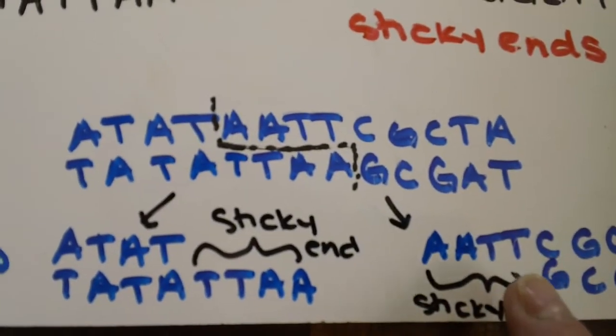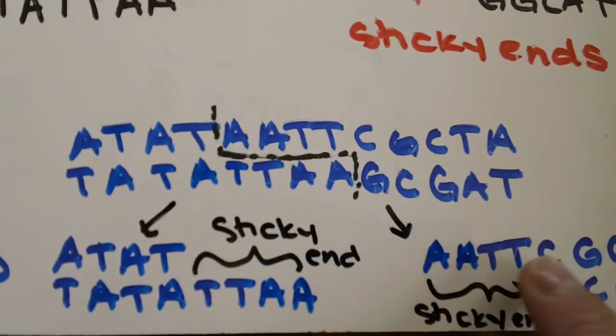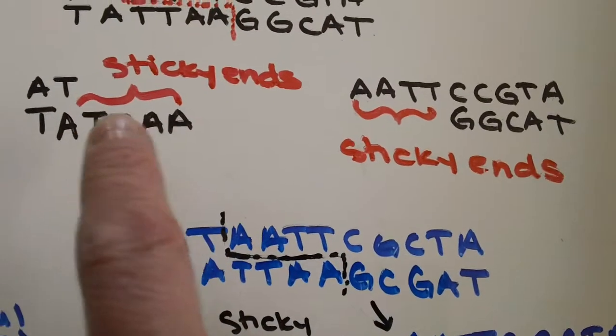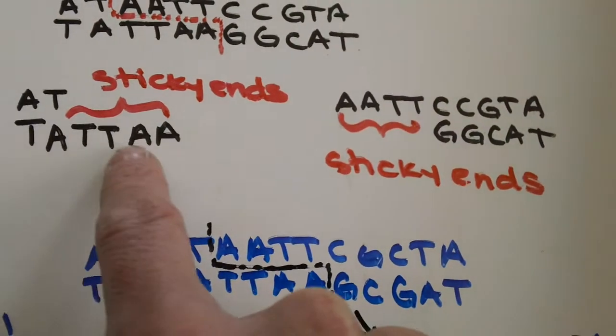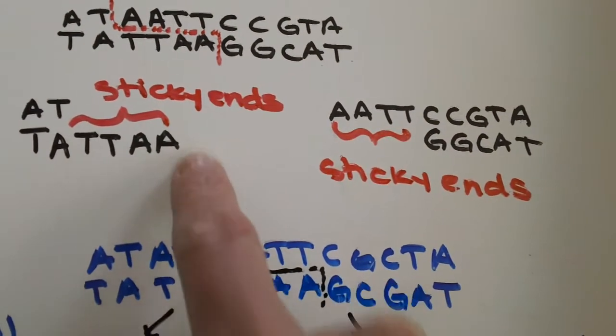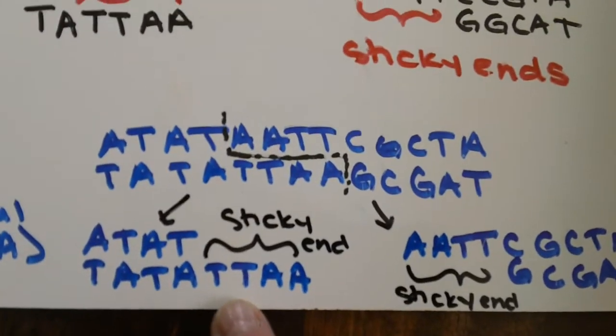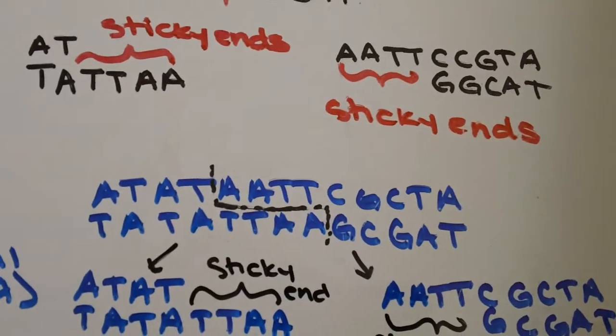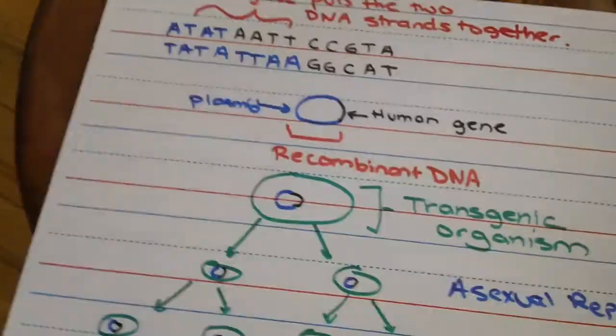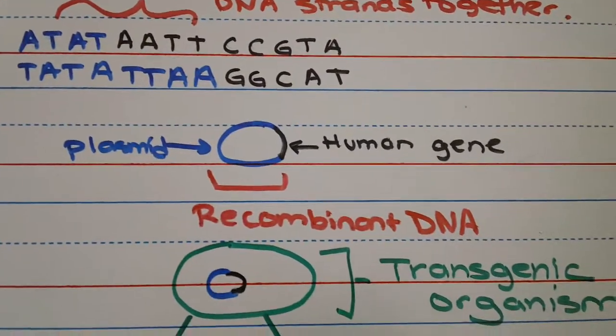So as you notice, you're probably thinking AATT is going to want to go and stick with the TTAA of that gene, and this one's going to stick with AATT from the human. And that's going to create our recombinant DNA.